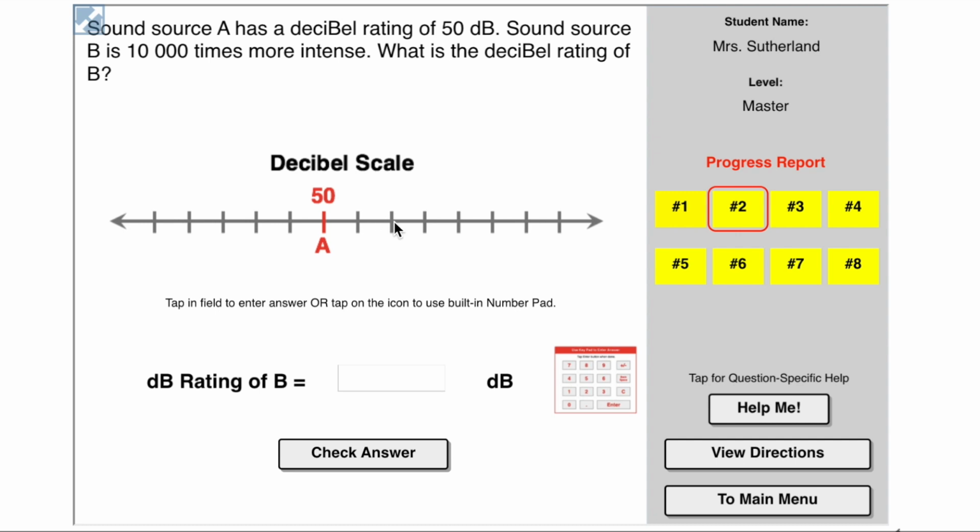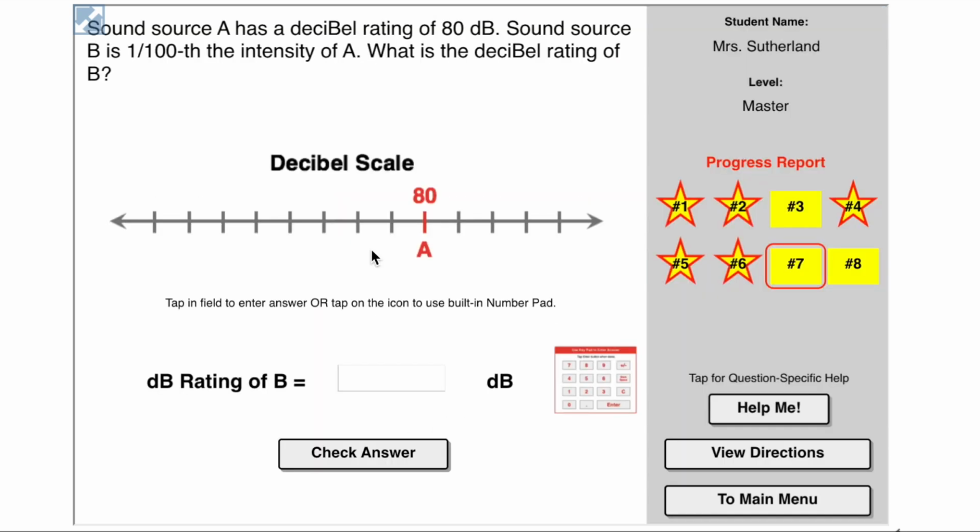So 1, 2, 3, 4 to the right, because sound source B is 10,000 times more intense. If we count over that many times, we get 50, 60, 70, 80, 90. So this would be 90 decibels.